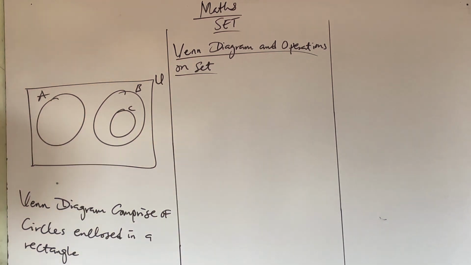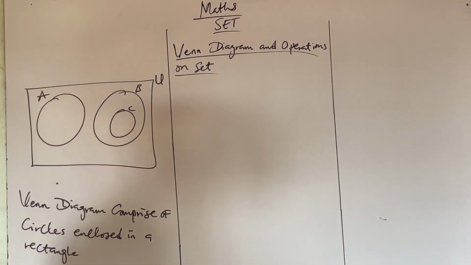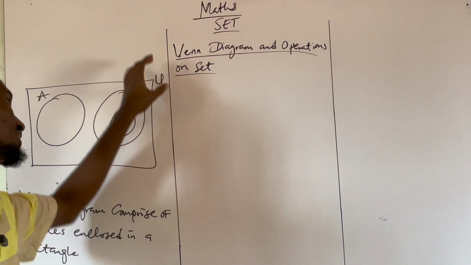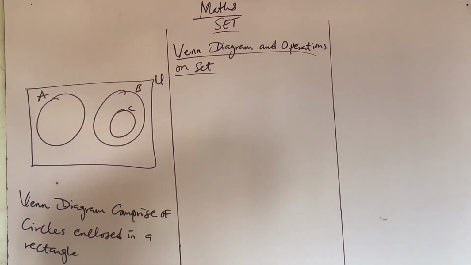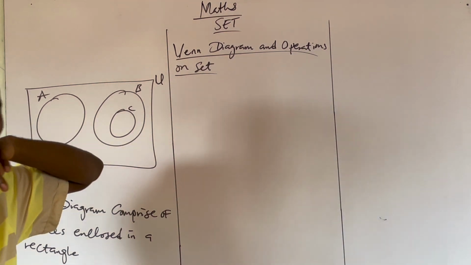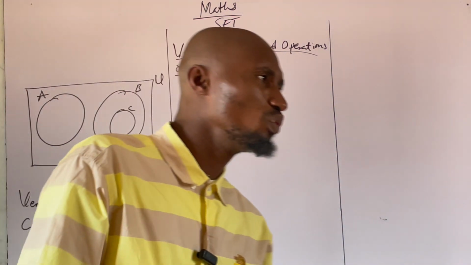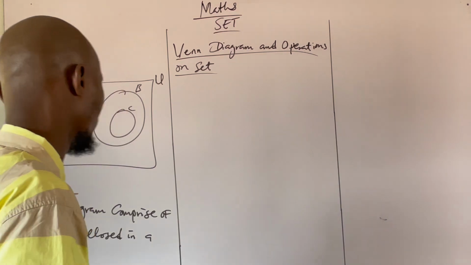So in the diagram, we have the universal set represented. Do you get? So now, there are things I want you to know before we go deeper into this.